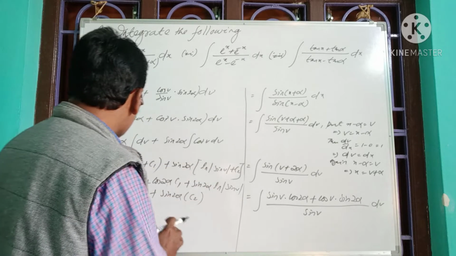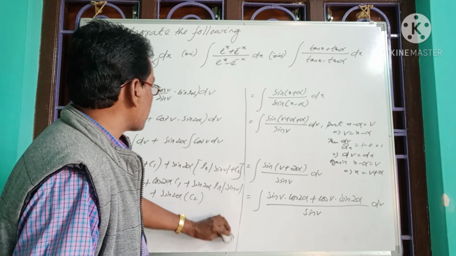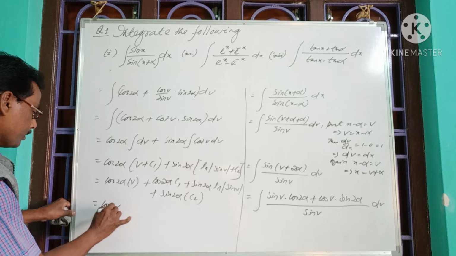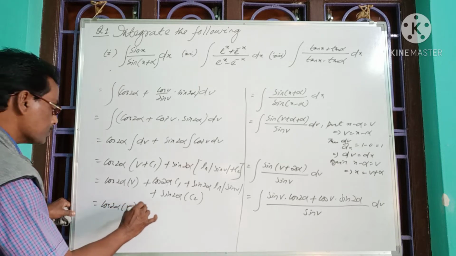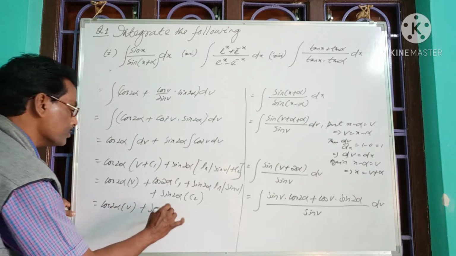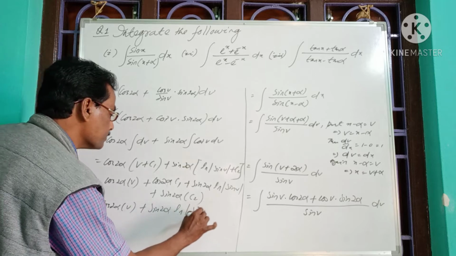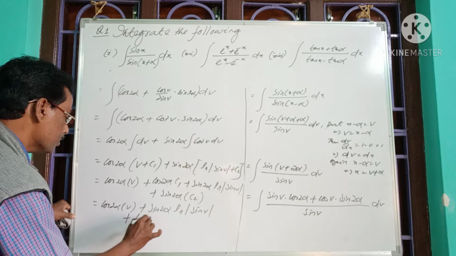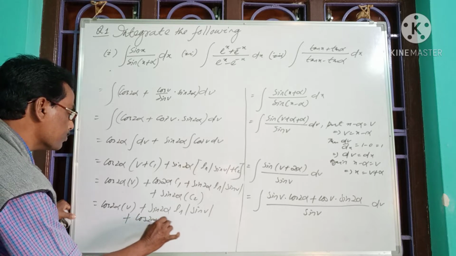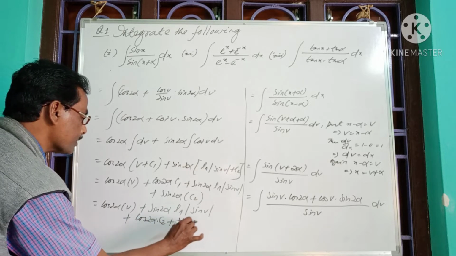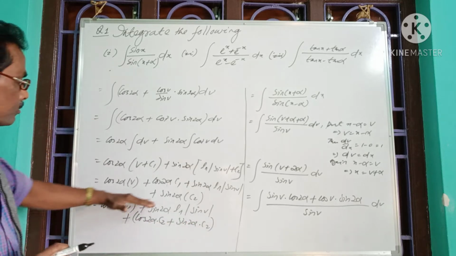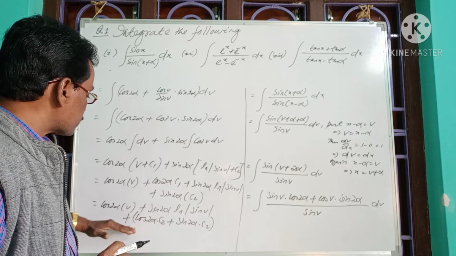So now collecting the constants and the functions separately, we have cos of 2 alpha into v plus sin of 2 alpha into ln of mod sin v, plus collecting the constants, that is cos of 2 alpha into c1 plus sin of 2 alpha into c2. So now we collected the functions separately, and also we collected the constants separately.